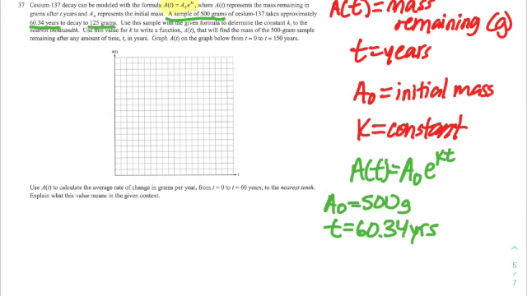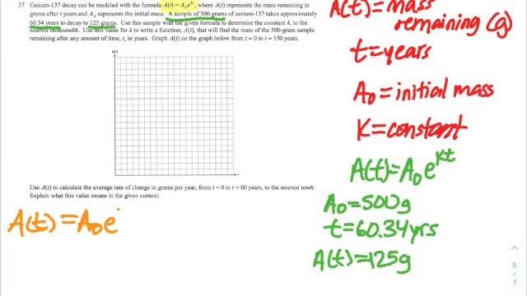So we can plug in 125 grams into the mass remaining, because that's how many grams we need after t years. So A of t is 125 grams. Okay, now that we have all of our information down, we can start plugging these numbers into our formula. Okay, so using A of t equals A0 e to the kt.